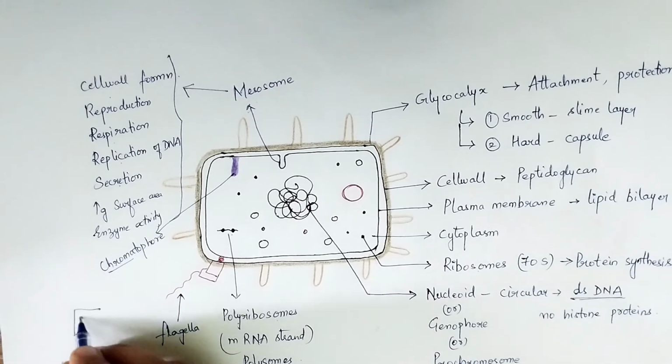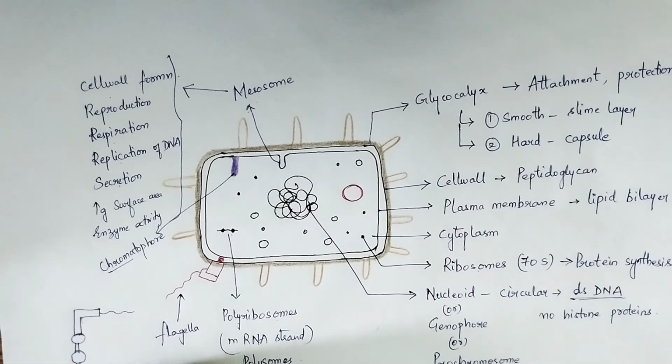It looks like a hook which has a filamentous structure attached to it, and down below you can find the basal body. It looks as if some circular parts are attached to a stalk-like structure.